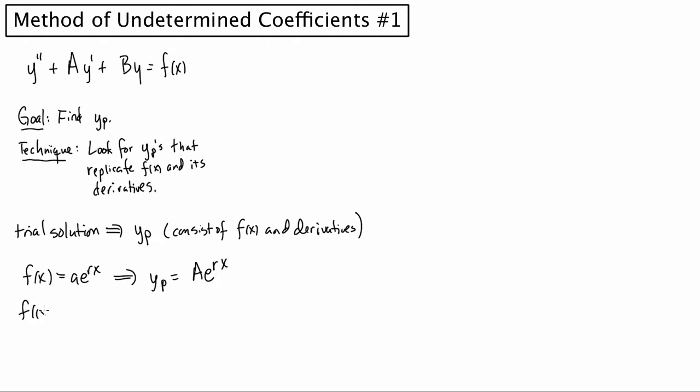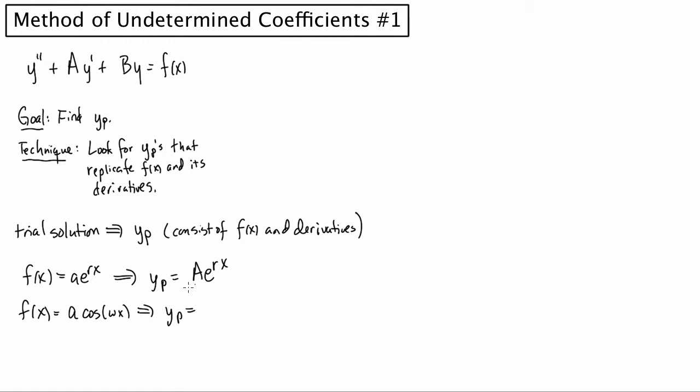If my function is cosine, so let's say it's something like a cosine omega x, then you might guess that my trial solution involves cosine, and you'd be right, but it also involves sine. The reason for that is my trial solution needs to consist of f of x and its derivatives, and if you take the derivative of cosine, you produce a sine.